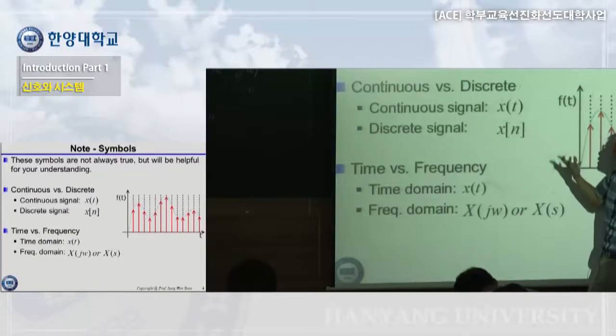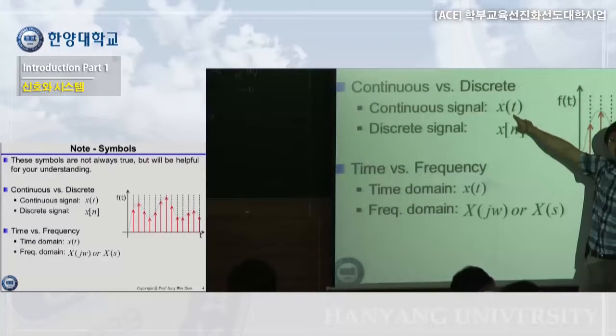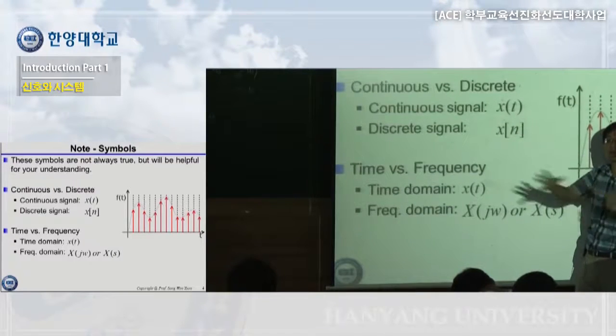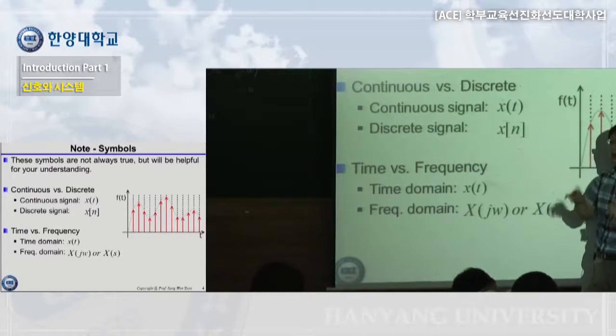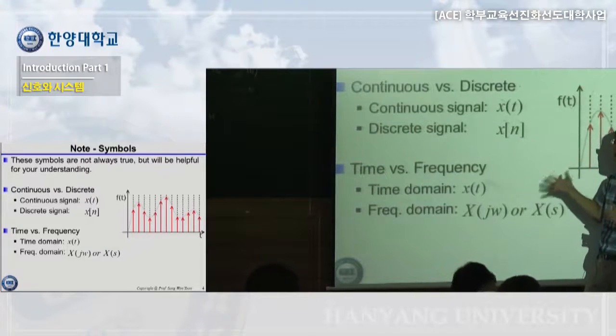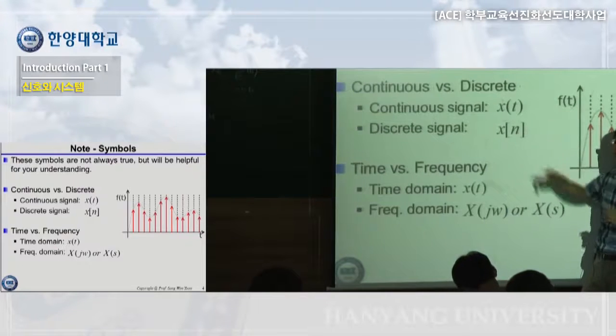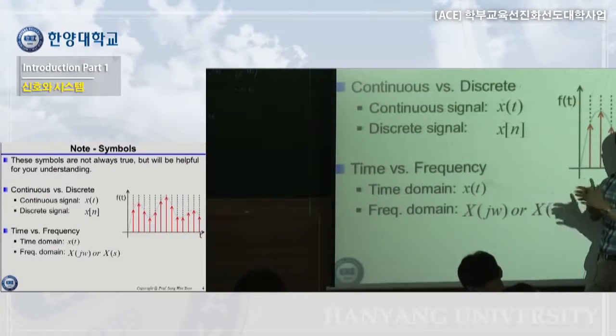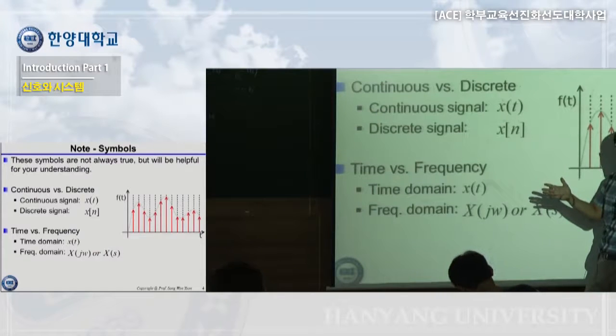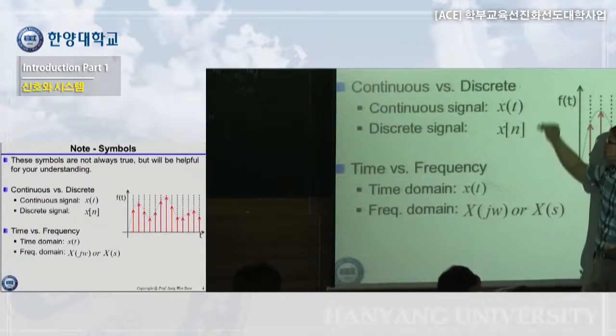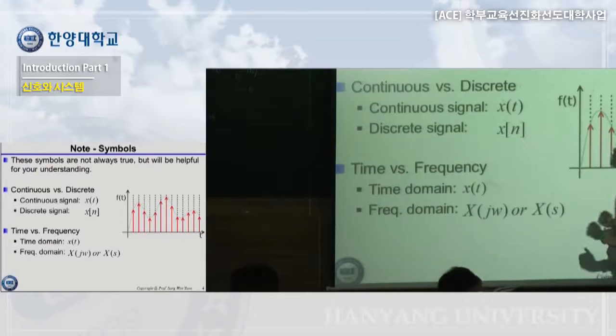Pretty clear, right? You can think of it this way too. This t is time, right? This time is continuous. n is 1, 2, 3, 4, an integer number, so this n is a discrete number. Between 1 and 2 there are a lot of real numbers, 1.5, 1.2, things like that. So that's how you define it.